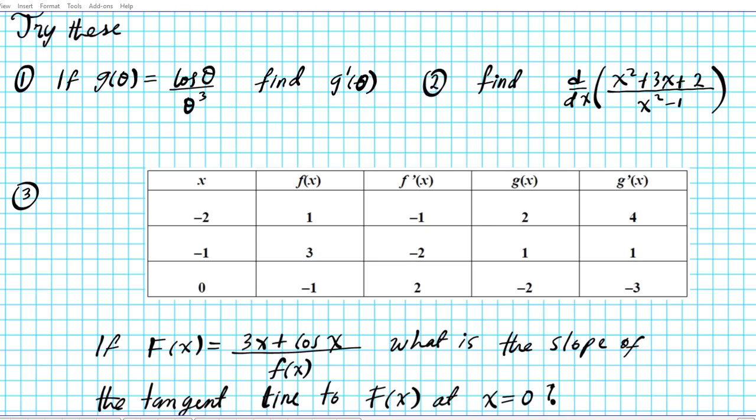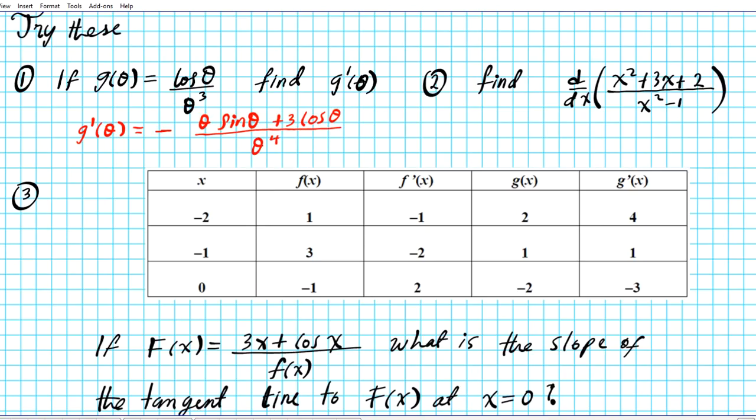Alright, so let's assume that you've gone through the problems and solved them all. Now these are the answers. Answer to question number 1: g prime of theta is equal to negative of theta sine theta plus 3 cosine theta, divided by theta raised to the 4th power.